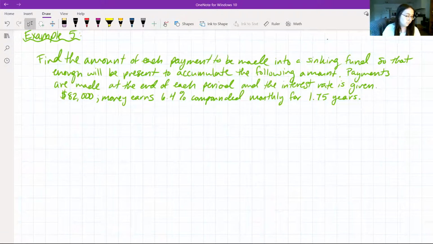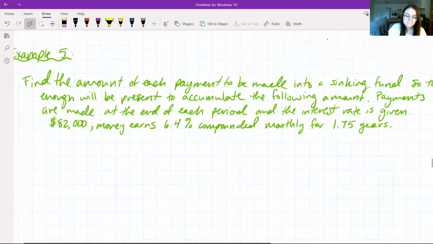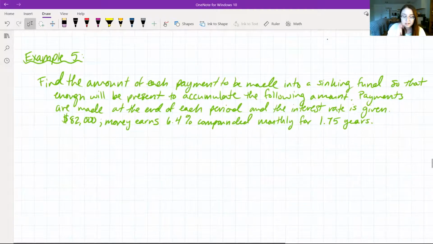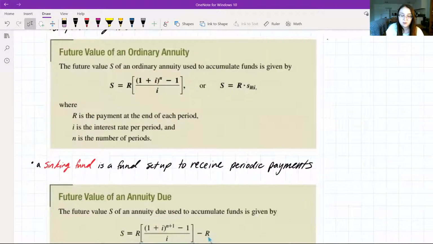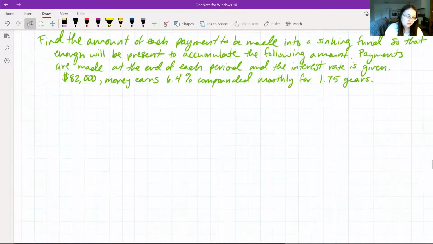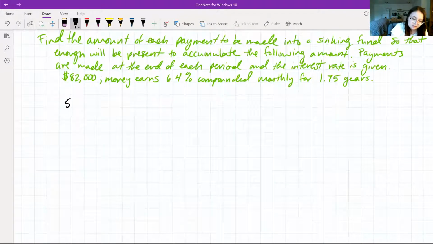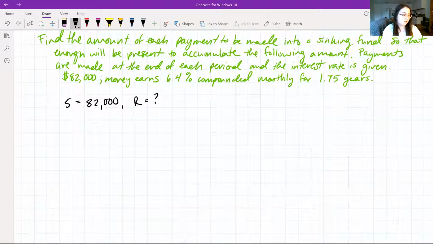So we know what our equation is. We're going to use our future value of an ordinary annuity, not the annuity due. We know that S is going to be 82,000. R is what we're going to end up solving for.